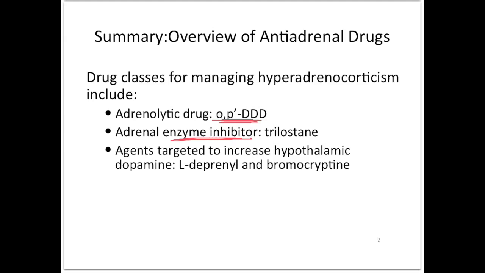And then you have agents that are trying to really get at, possibly, one of the primary dysregulatory problems in the hypothalamic region, and that is the reduction of dopamine. And so you either are trying to increase dopamine endogenously, which is aldepranyl, an MAO B, monoamine oxidase B inhibitor, or you're giving a drug like bromocriptine, which is acting as a dopamine agonist.